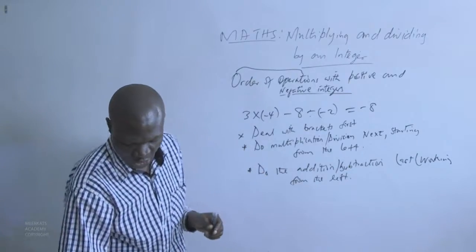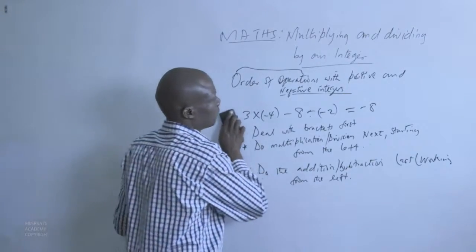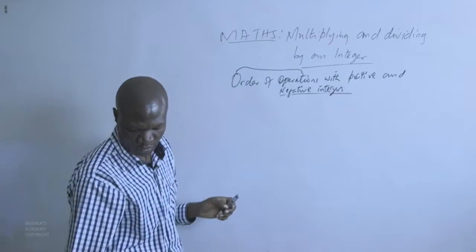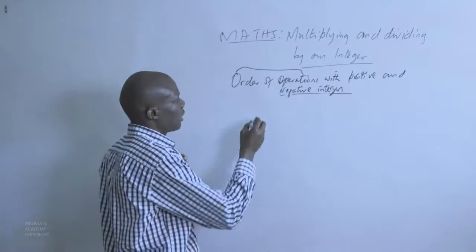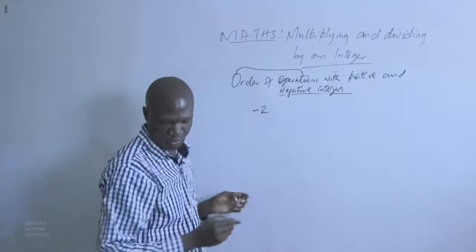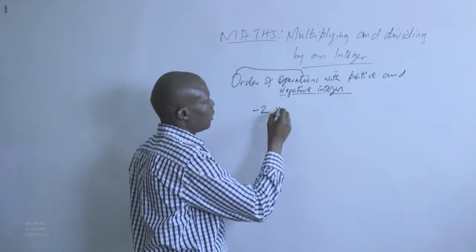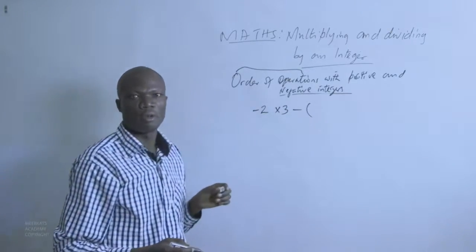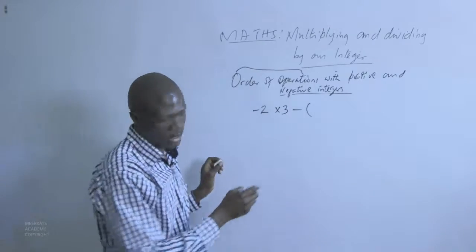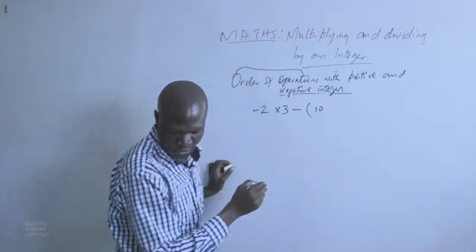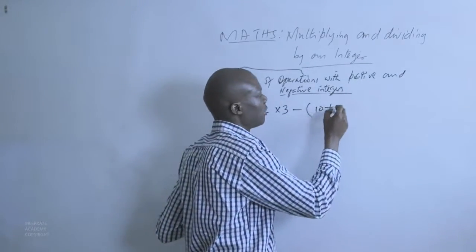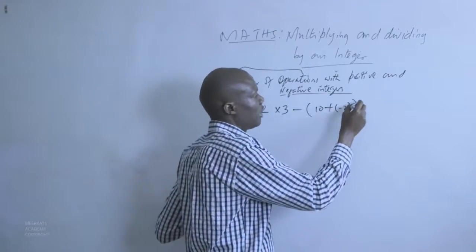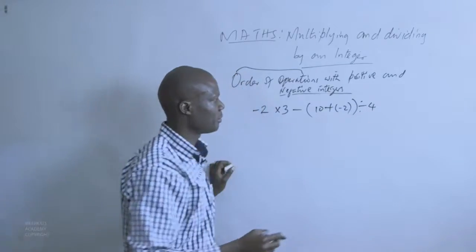So let us work out this: negative 2 times 3 minus, into bracket, 10 plus negative 2, divided by 4.